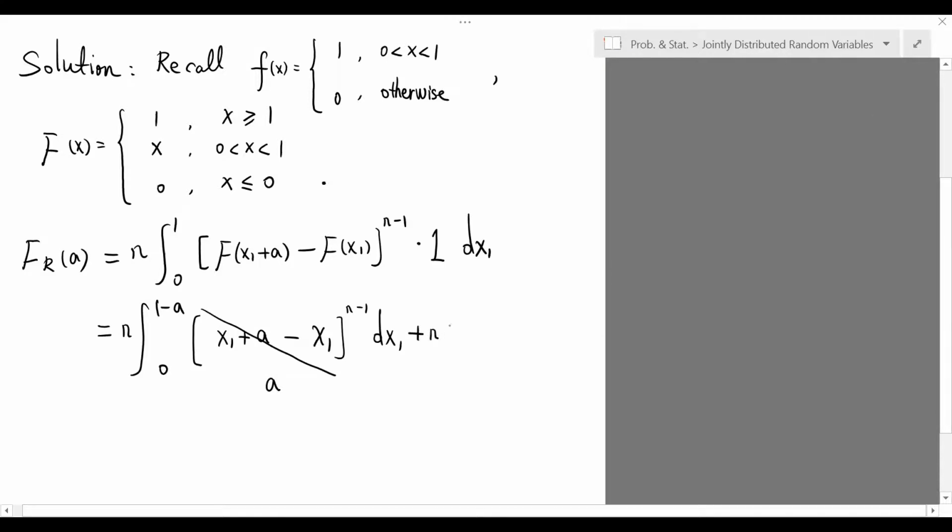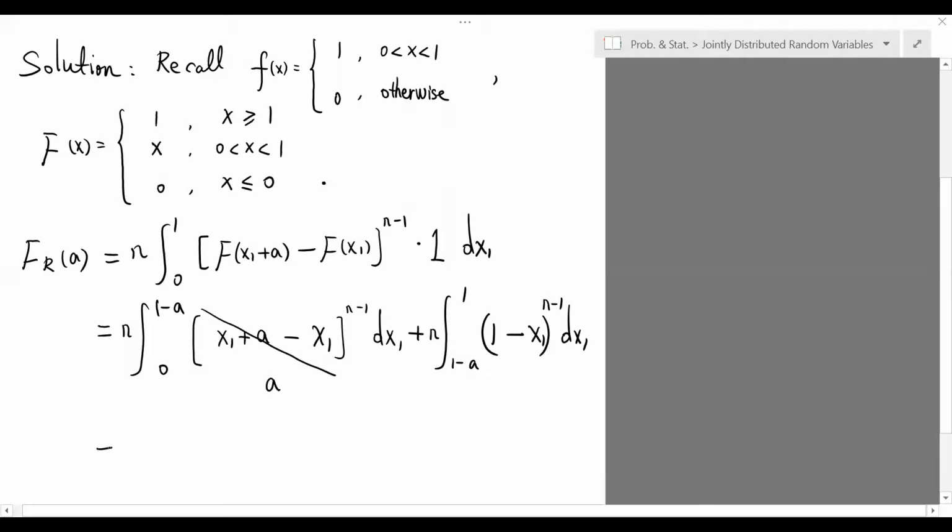Meanwhile, from 1 minus a to 1, the first term, capital F of x1 plus a, is going to be constantly given by 1, and the second term will still be x sub 1. So the integrand of this part is given by 1 minus x sub 1 to the n minus 1 power.